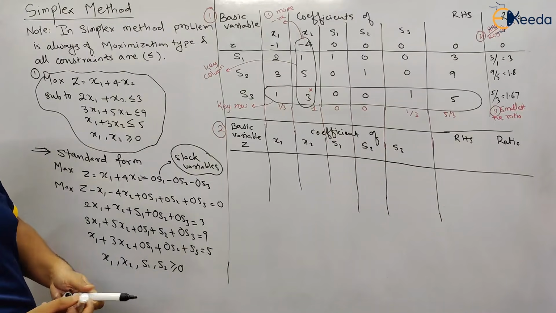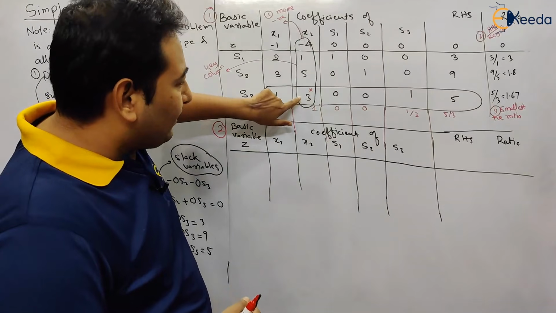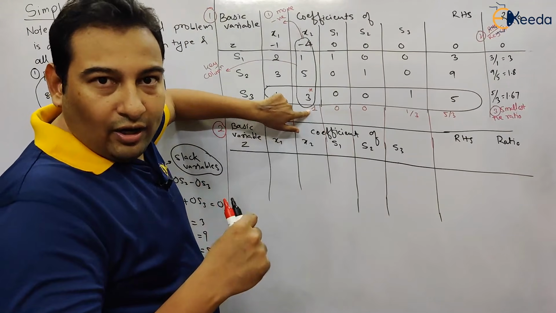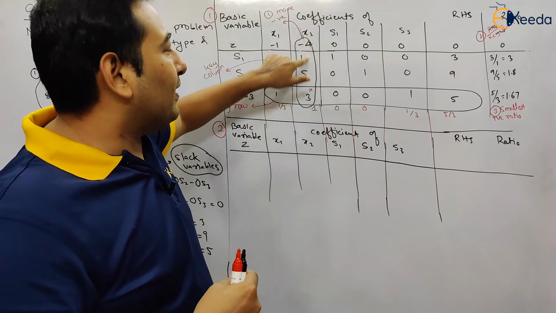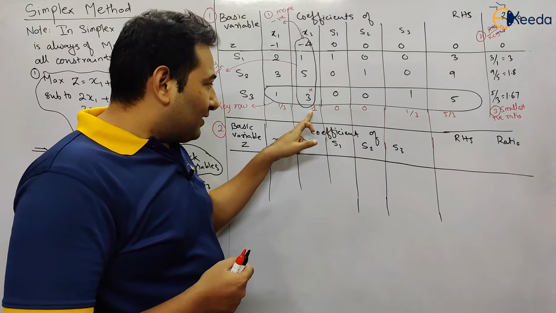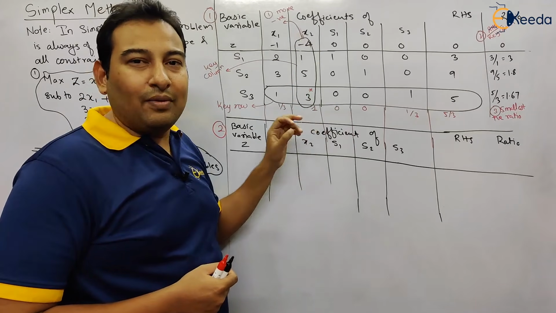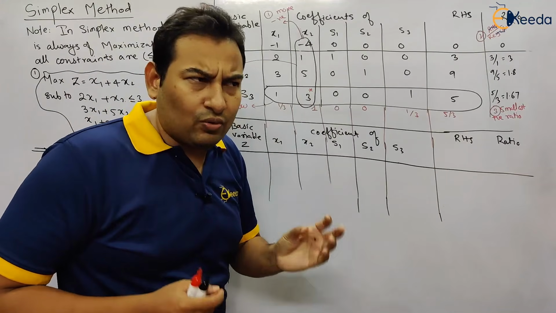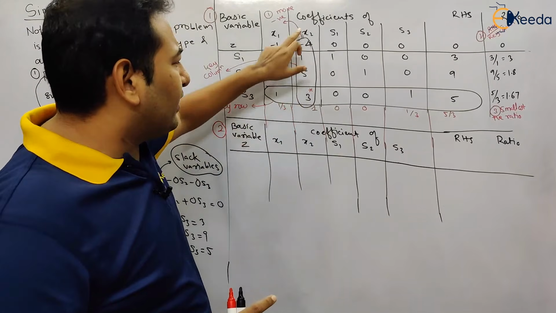With the help of this 1, you will convert all the above and below elements of the key column into 0.